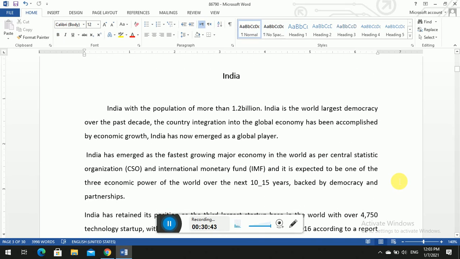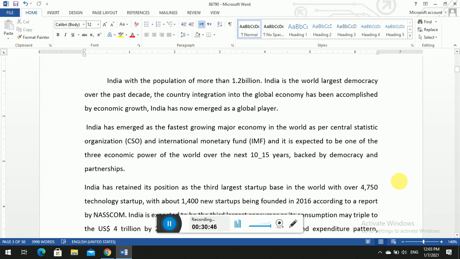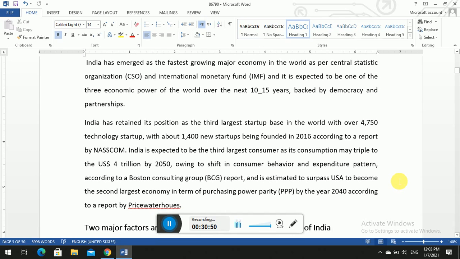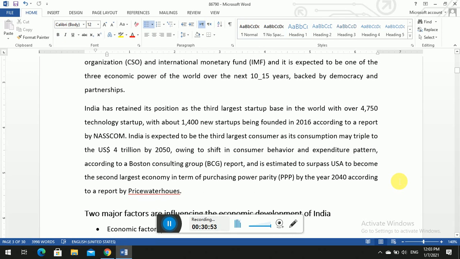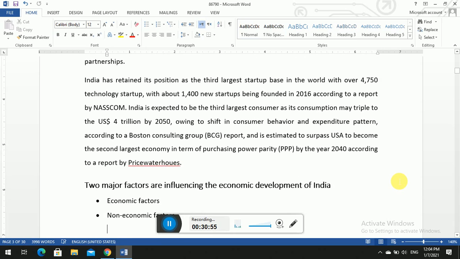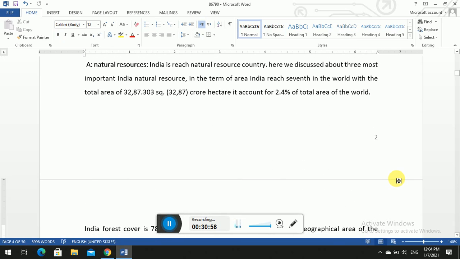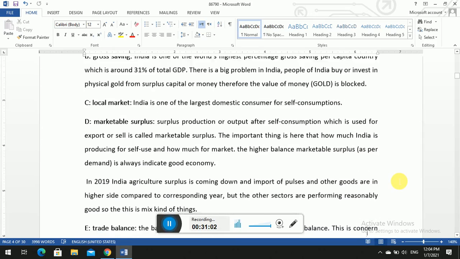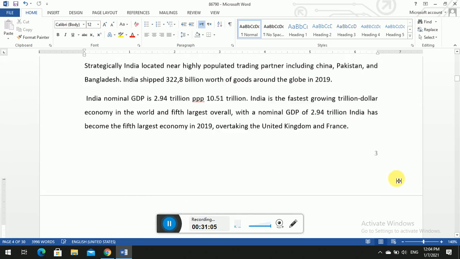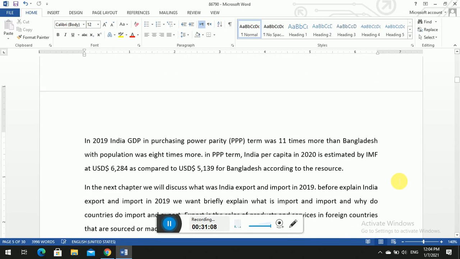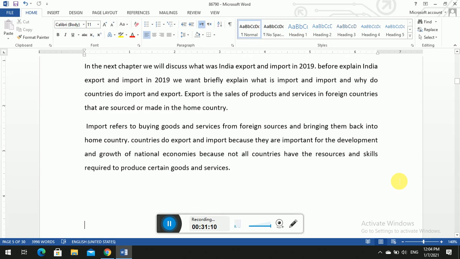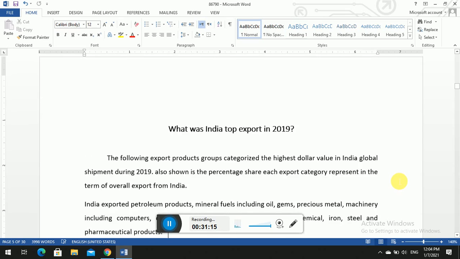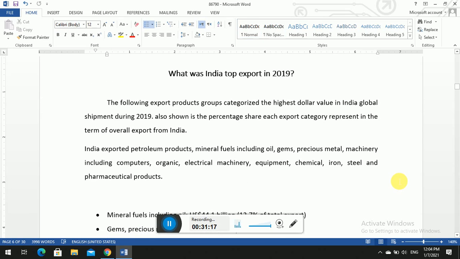We started with India: their population, their position, how many startups and new companies started operating in India in 2016 and 2019, their dollar, their economic factors, what natural resources they have, their surplus, trade balance, interest rate, strategic position, which countries they border, which countries they have sea links with.